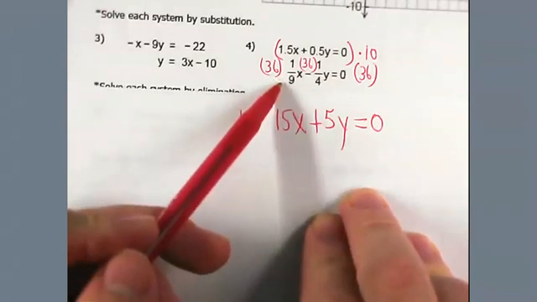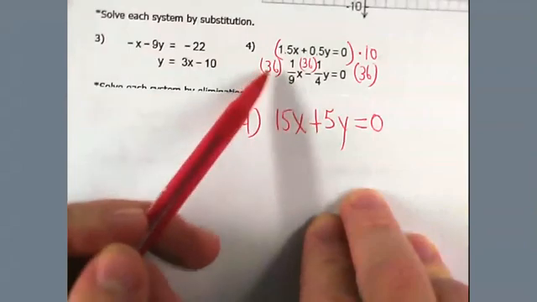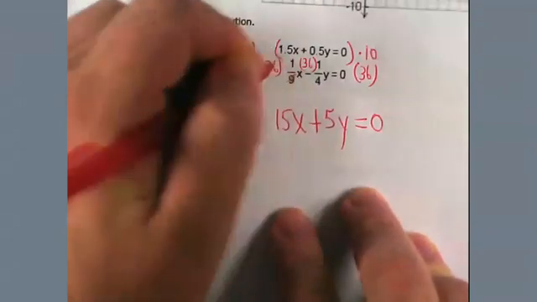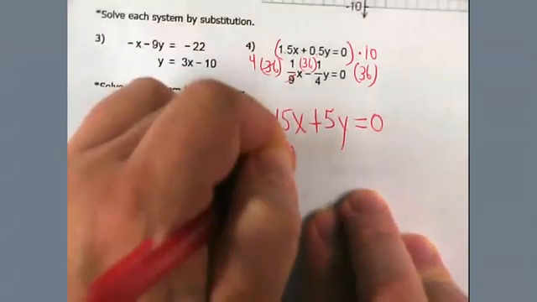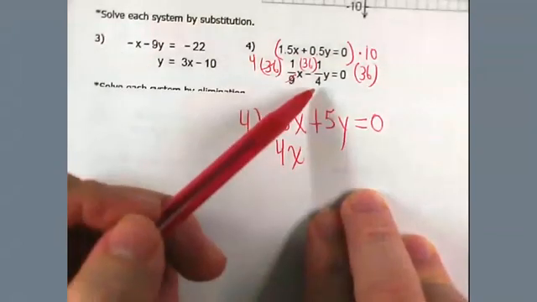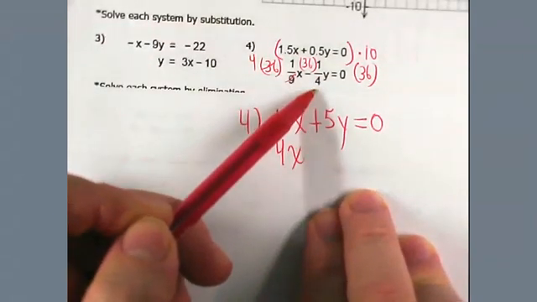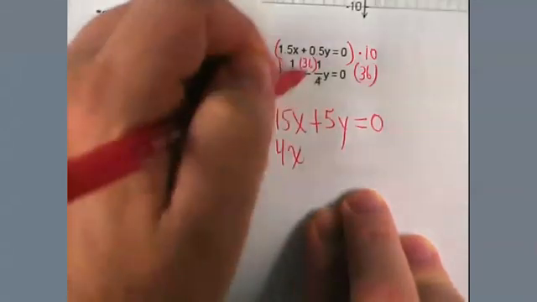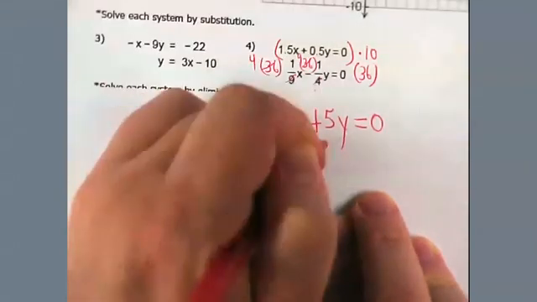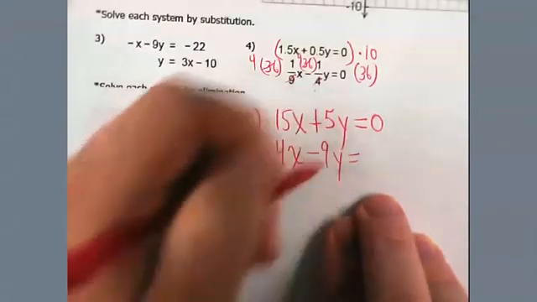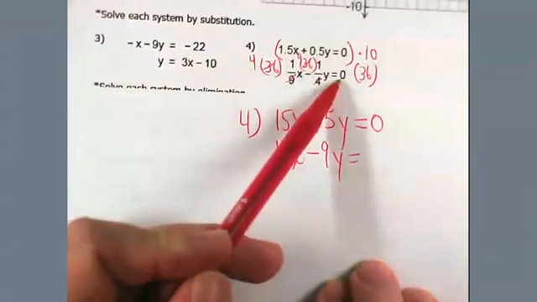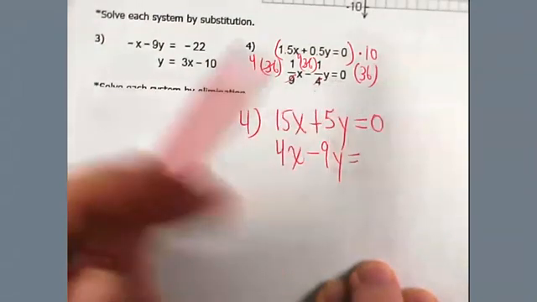For the first fraction, 9 can go into 36 4 times, so that would be 4x. In the middle, 4 can go into 36 9 times, and that would be negative 9y. And the right-hand side is still 0.